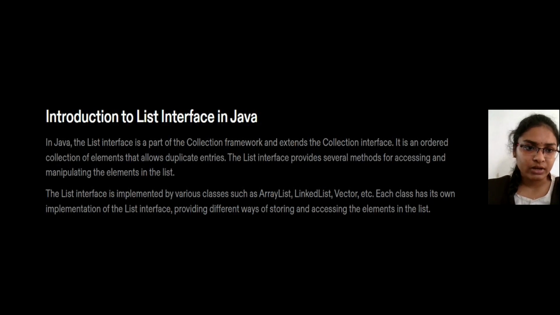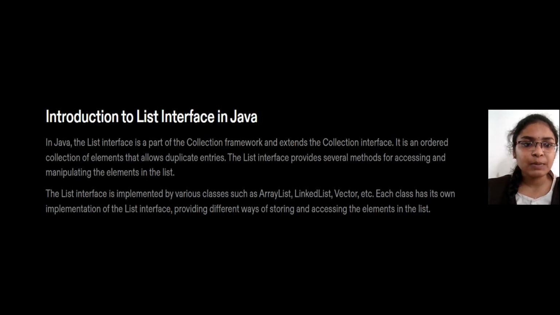Introduction to list interface in Java. In Java, the list interface is a part of the collection framework and extends the collection interface. It is an unordered collection of elements that allows duplicate entries. The list interface provides several methods for accessing and manipulating the elements in the list.